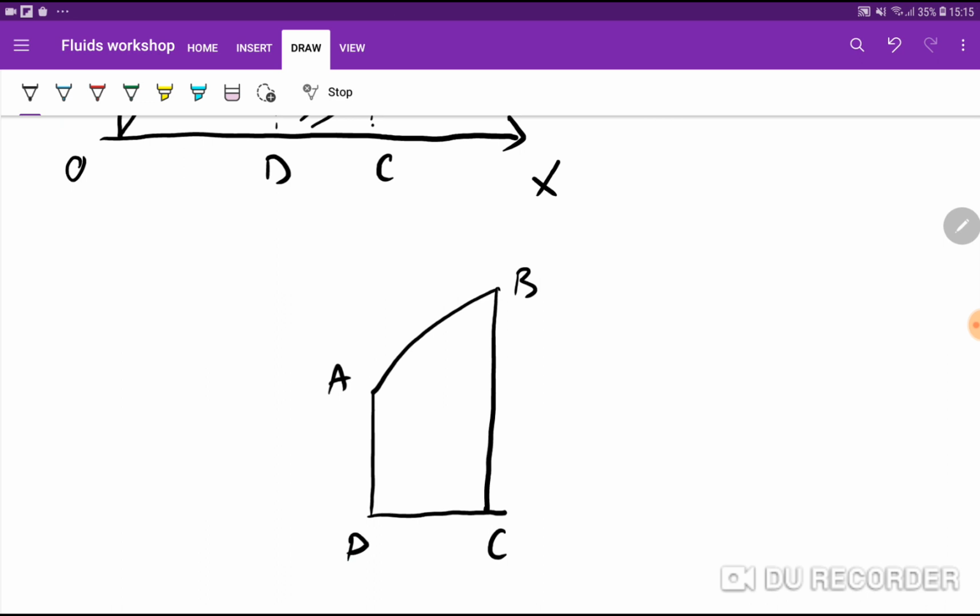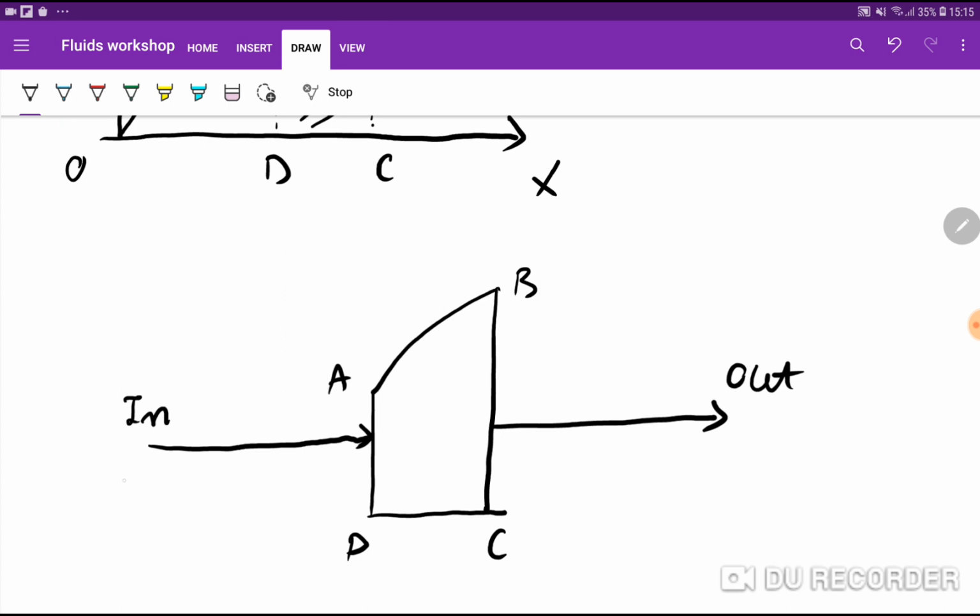So in the fluid flow region, what type of mass, momentum, or energy flows through it? We have flow in and flow out. The first thing we can consider is the mass.